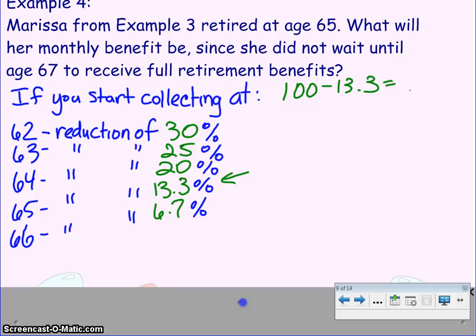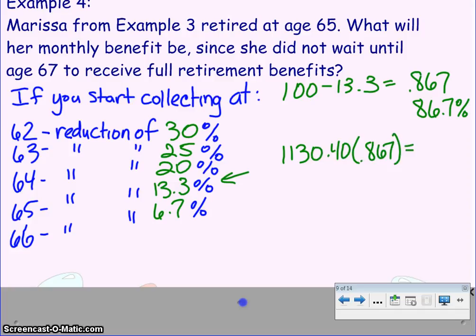So she's only going to earn 0.867 or 86.7% of her benefits. So if we take the $1,130.40 and multiply it by 0.867, we will find that Marissa is going to receive a check for $980.06.